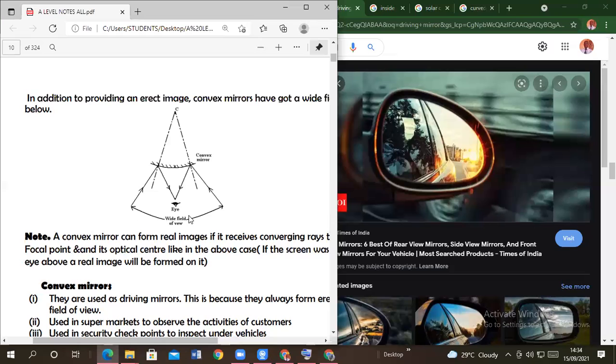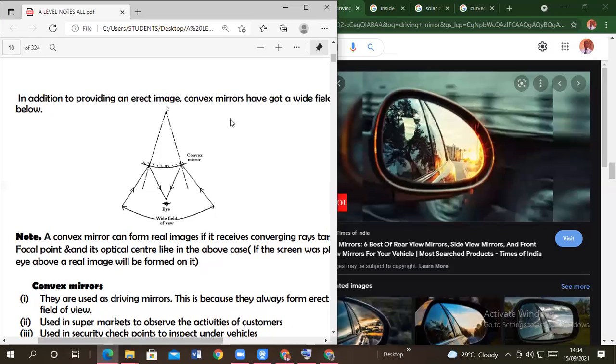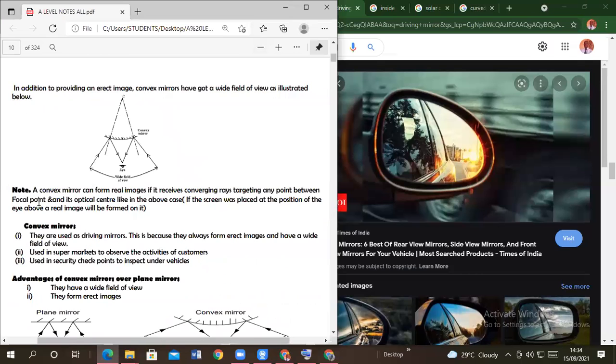But you should know that a convex mirror can also form a real image. When does it form a real image? A convex mirror can form real images if it receives converging rays targeting any point between the focal point and its pole, like in the above case.